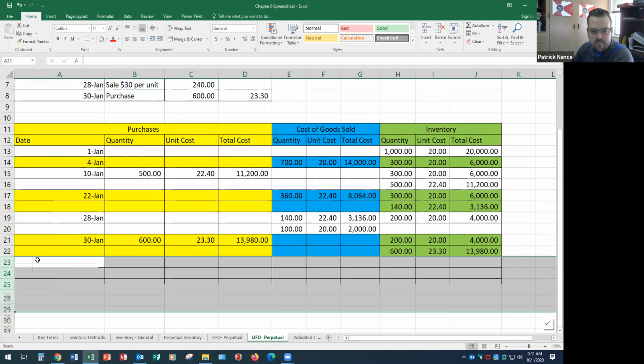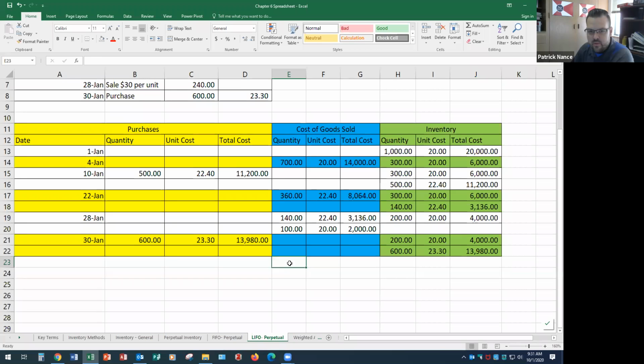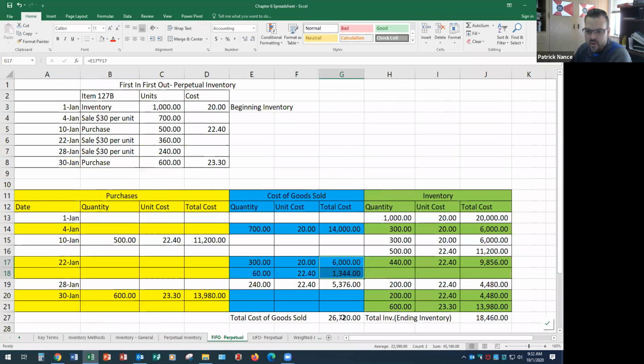And remember that for my total cost of goods sold, I total up the whole column because it's an expense account, and I want to know the total for the entire time frame. Expense accounts that go on the income statement are the total for the entire time frame. But for my ending inventory, it's an asset, so I only want to know a single number: what I have left at the end. So I had $27,200 in my cost of goods sold and $17,980 in my inventory at the end.